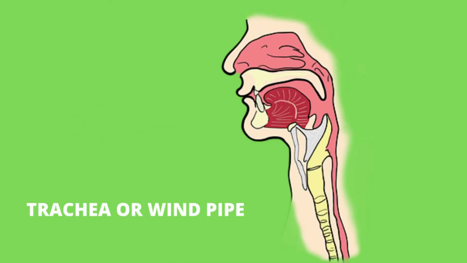The trachea or windpipe is a tubular structure lying ventral to the esophagus. The esophagus is part of the digestive system. The trachea extends into the chest cavity or thorax, where it is divided into right and left bronchi. When the trachea divides, we call it bronchi.